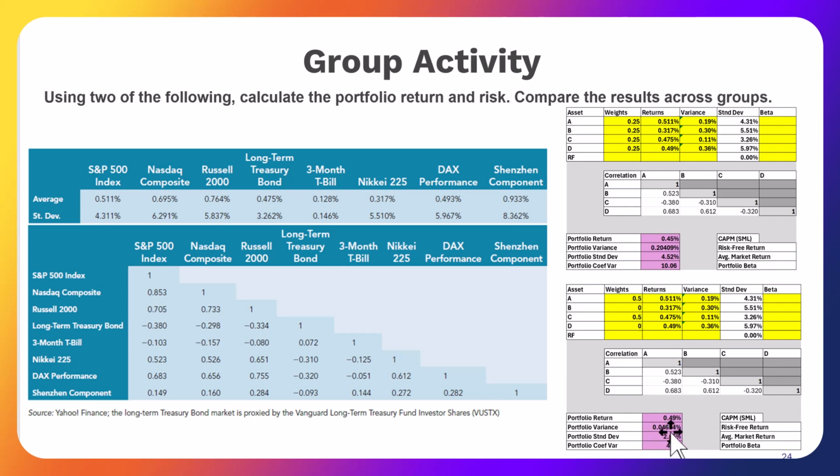In this case, 0.49%, not much of a higher rate of return than that, and 2.15%. So this portfolio gives me slightly higher returns and much less risk. This portfolio of 50-50 is dominant to this portfolio that's equally weighted.